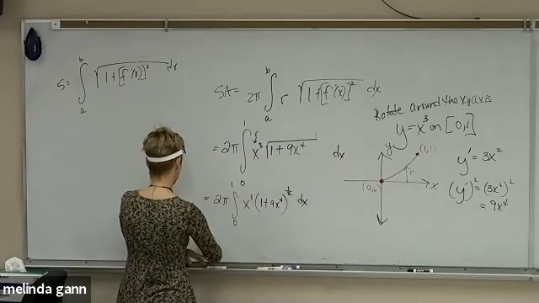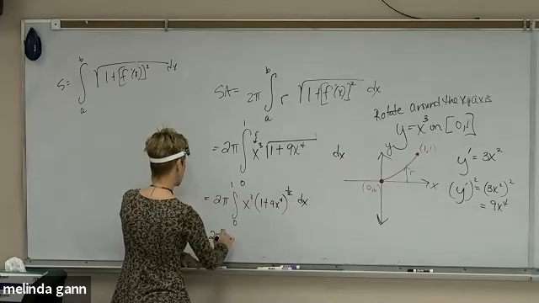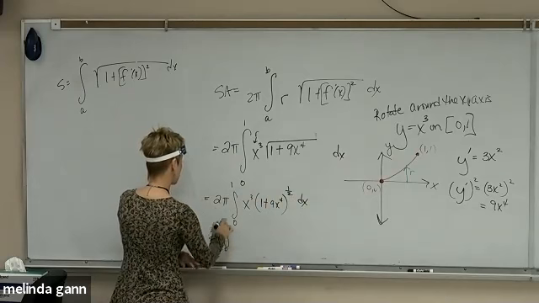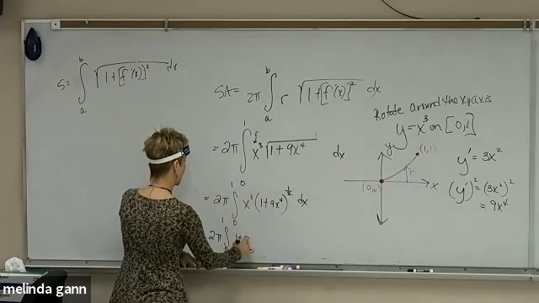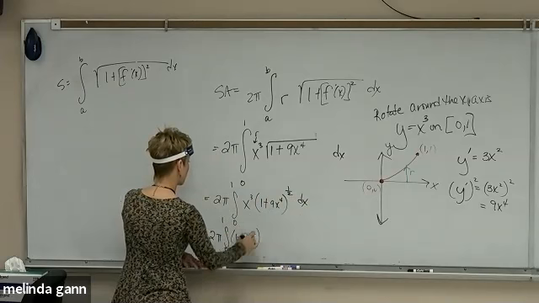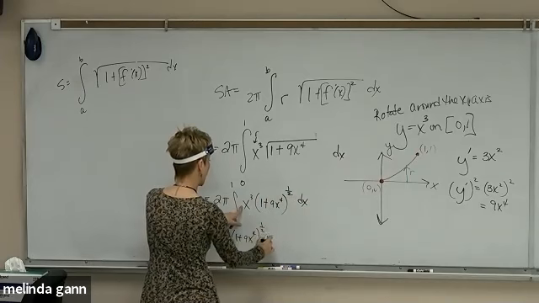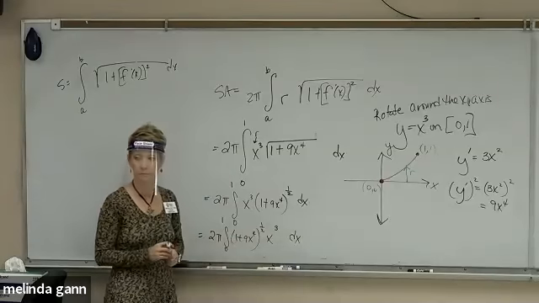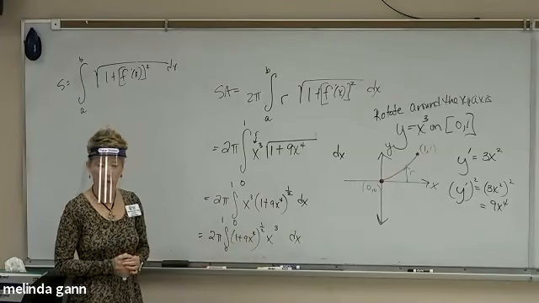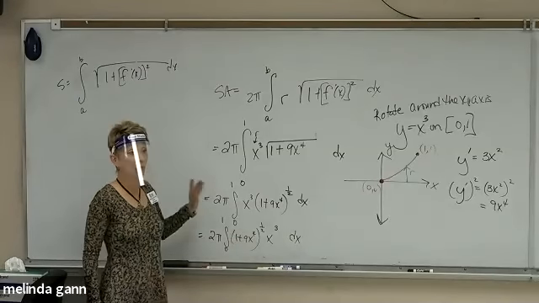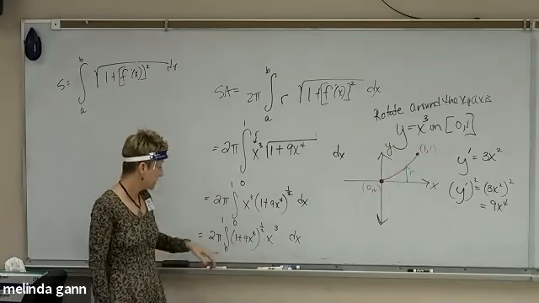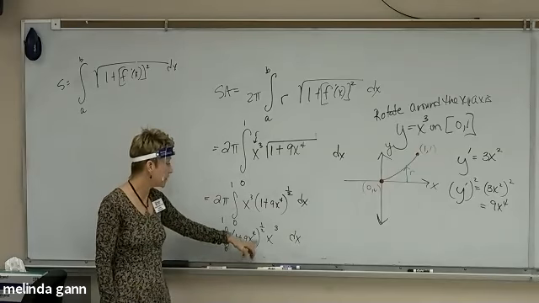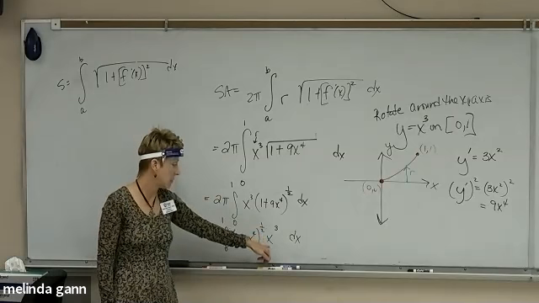Now I'm going to change the order a minute just to make you see it a little bit better. So I've got 1 plus 9x to the 4th to the 1/2, and I've still got this x cubed. So that extended power rule that we went over said if you've got something to a power, what do you have to have sitting right next to it?